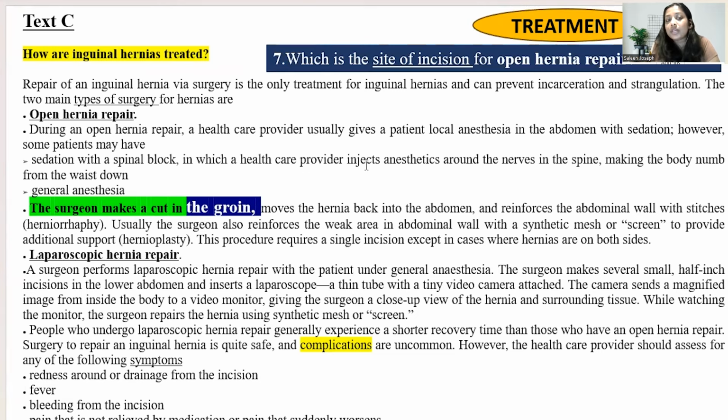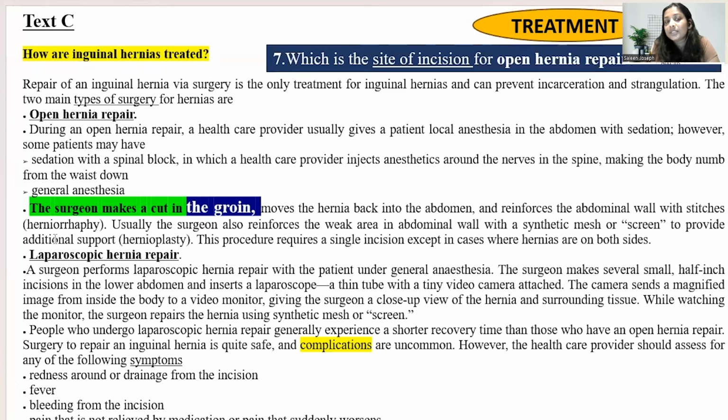From where did you get lower abdomen, from text A? No, ma'am, in text C: insertion in the lower abdomen and insert the laparoscope. Regarding open hernia repair they asked the question, right?